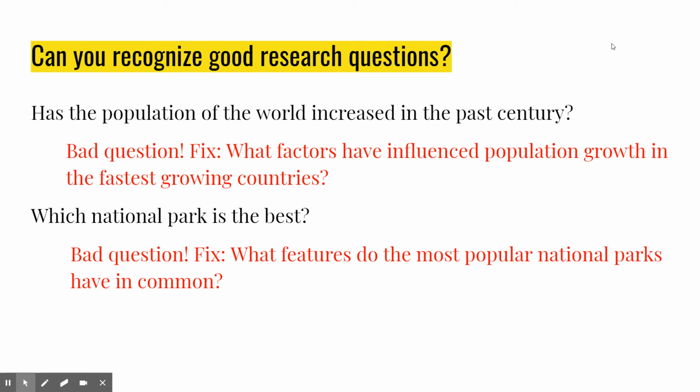A better version of the question is, what features do the most popular national parks have in common? Now you can look at the best parks based on popularity and figure out what they all have or do that makes them so popular. This is an analysis question because it asks you to look for and explain a pattern.